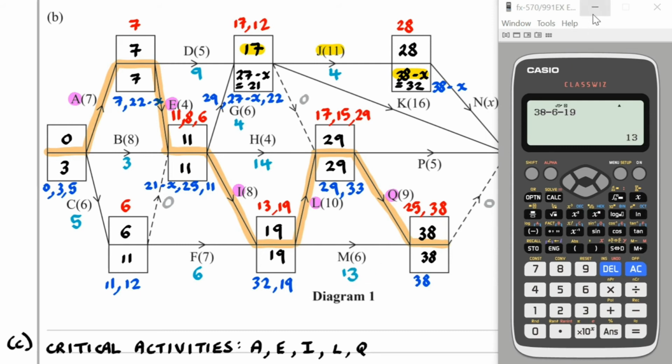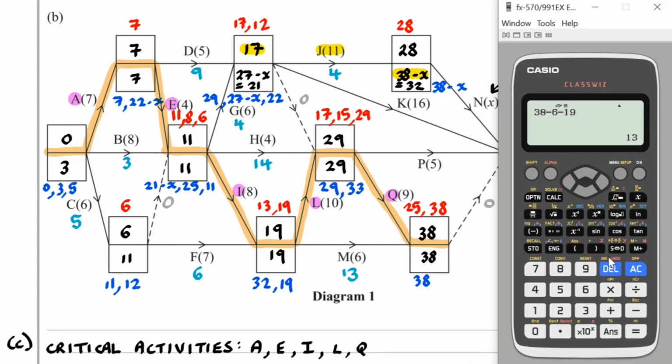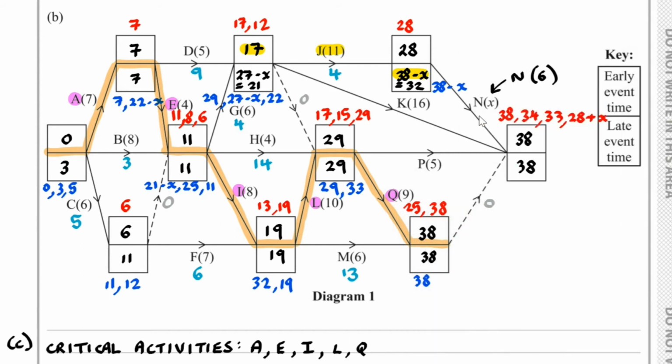And are we missing any others? Well, for N, we've got 6 for the weight. So if I work out the float for N, we have 38 take away 6 take away 28, which is 4. So N has a float of 4.